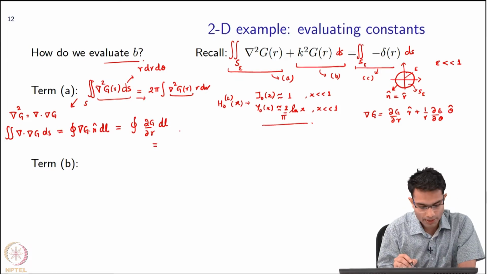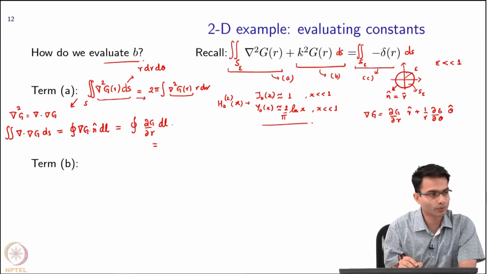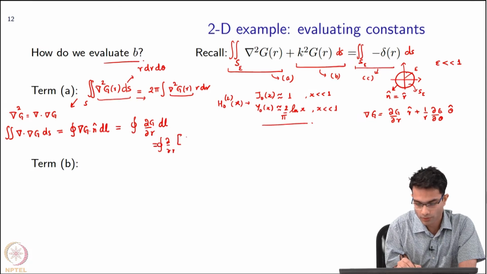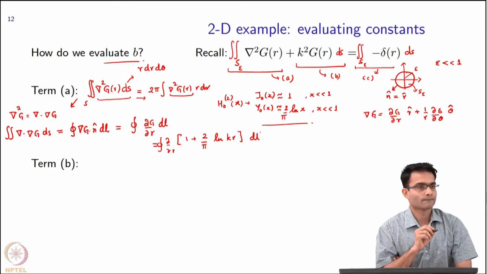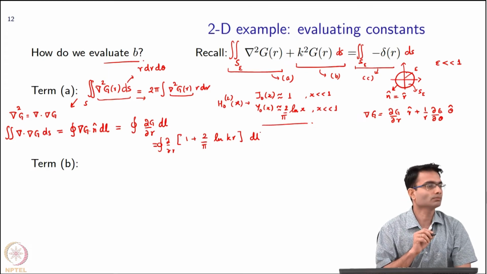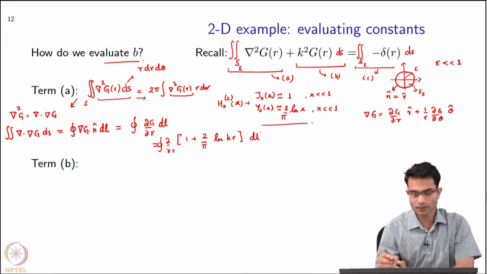So, del g by del r, that is what I have to do. Okay. So, del by del r of 1 plus 2 by pi log of kr, integrated over dl, that is what I have to do. I have just substituted the form of g. So, the first term goes away, second term what will I get?